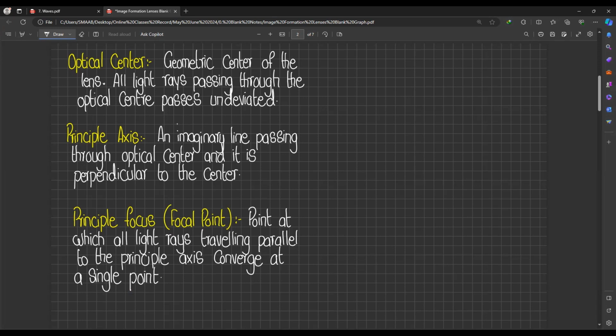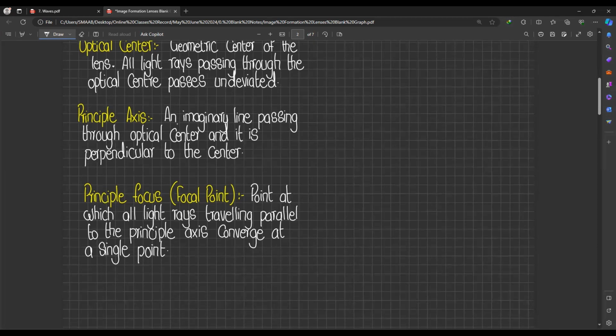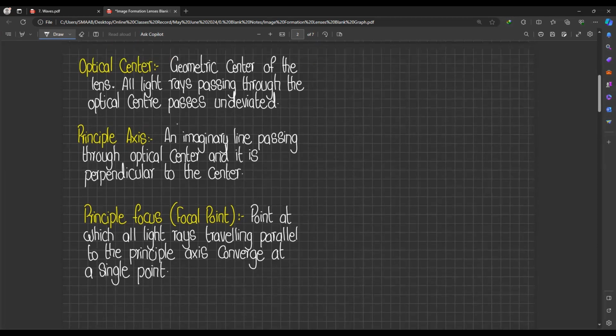So these are three important terms for our lenses section. After this, before starting the different cases, consider the basic principle of the ray diagram.